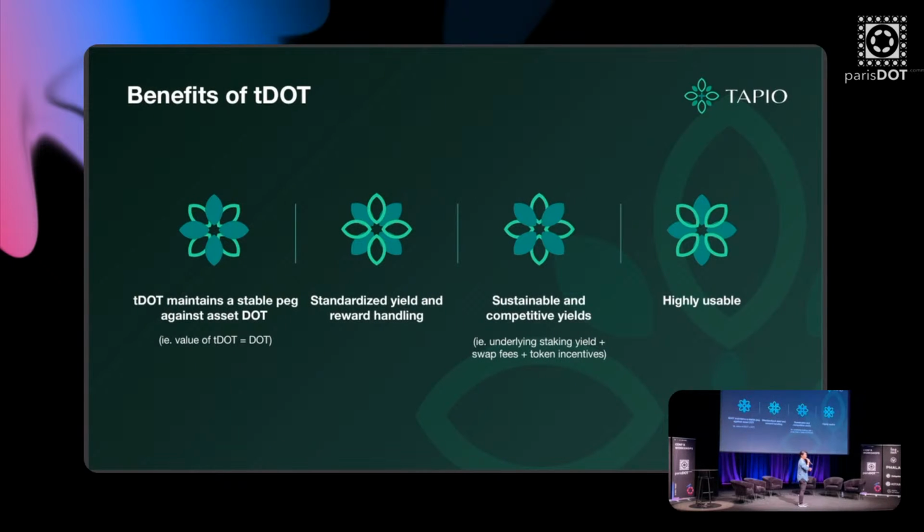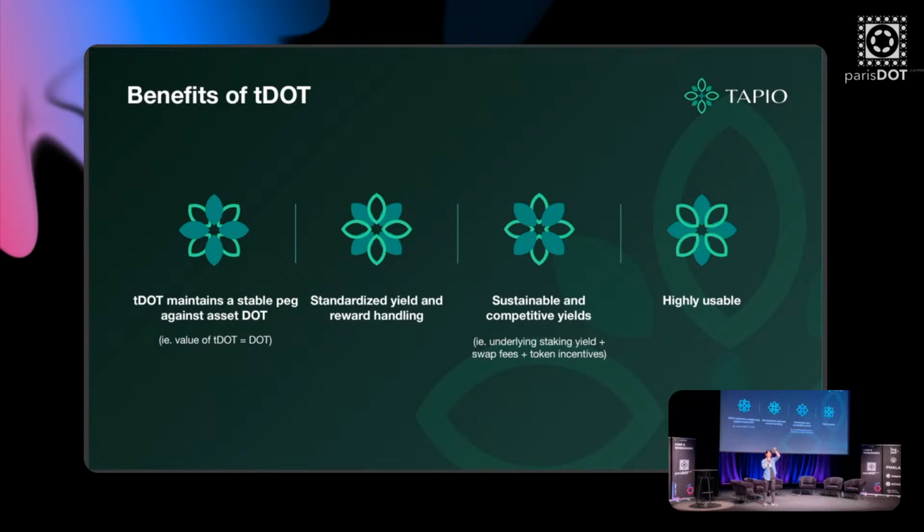So let's spend a little bit of time to talk about the benefits. What are the benefits of T-DOT? There's a number of them. The first one is the peg. This is very critical in terms of our system because if T-DOT cannot maintain a peg with DOT, then it's actually pretty useless. And I would like to explain how the peg works in a very simplified way.